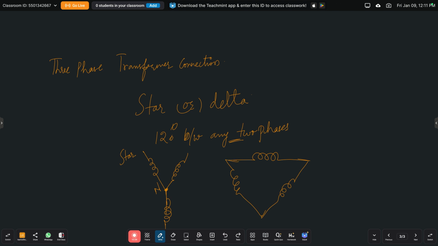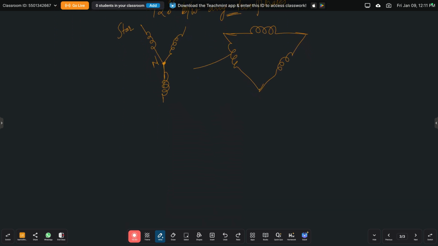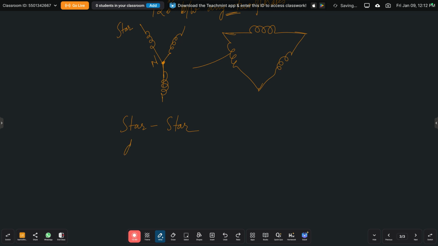The windings of the three phase transformer can be connected in various configurations: star to star, delta to delta, star to delta, delta to star, and the open delta.